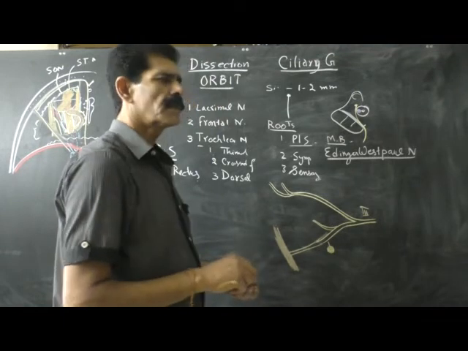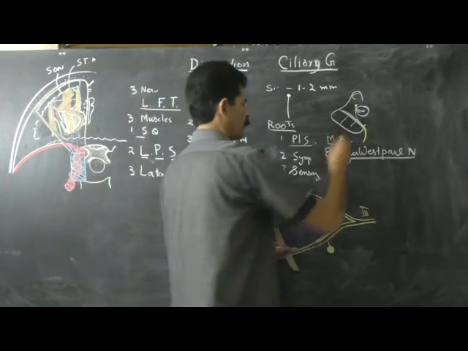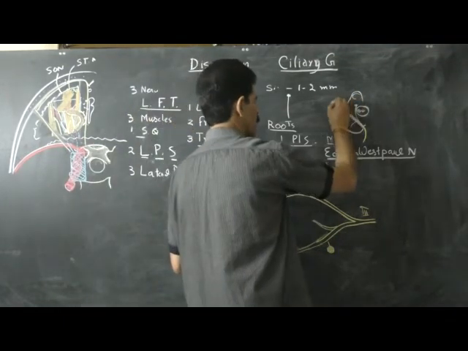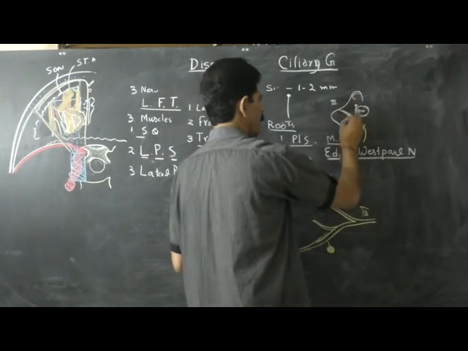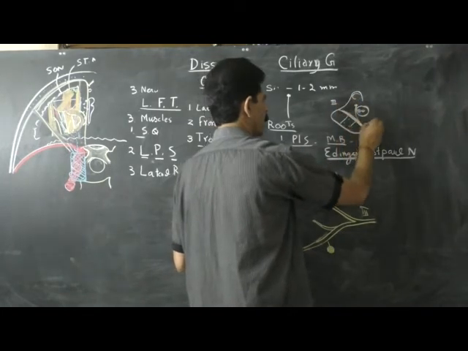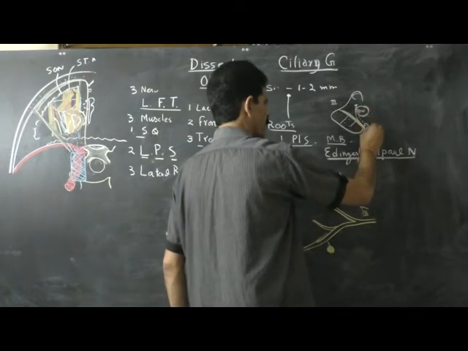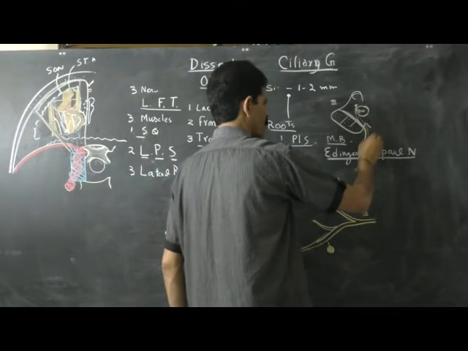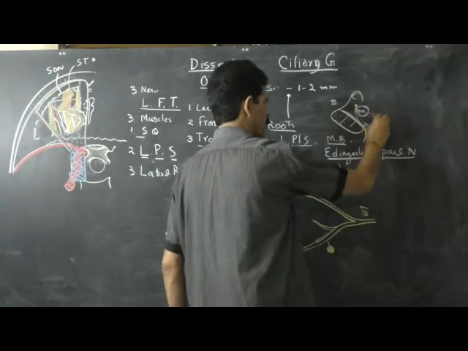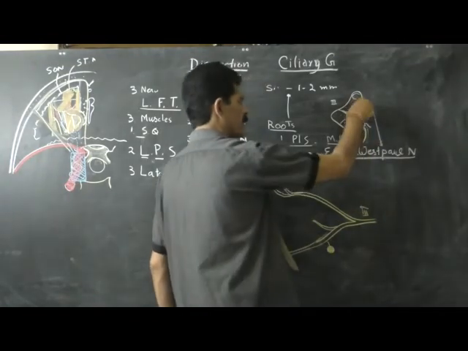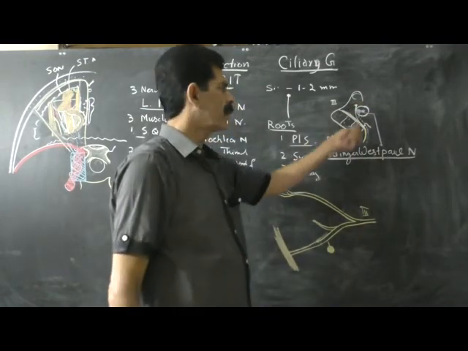So the same third nerve, the oculomotor nerve nucleus in the midbrain, is accompanied by the preganglionic parasympathetic fibers coming from the Edinger-Westphal nucleus. It is also present in the para-aqueductal gray matter of the midbrain.